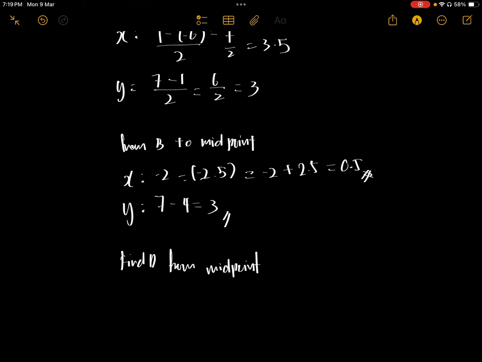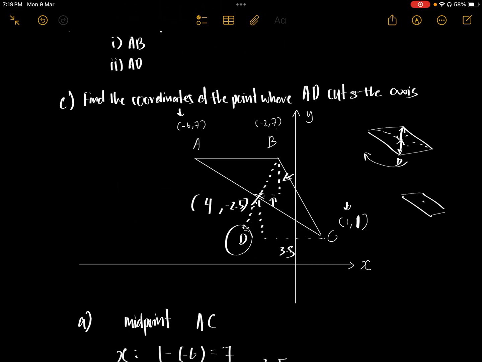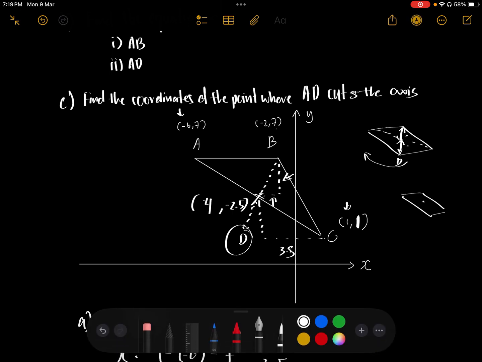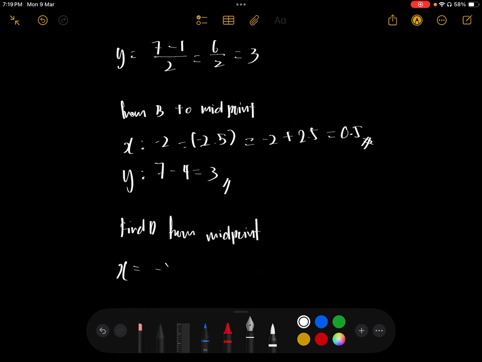Sorry, I have made a mistake. Your x should be 2.5 and your y should be 4. So 2.5 minus 0.5 yet again.